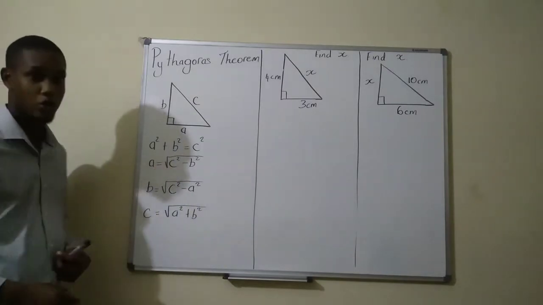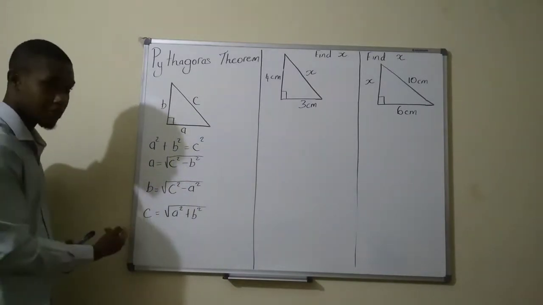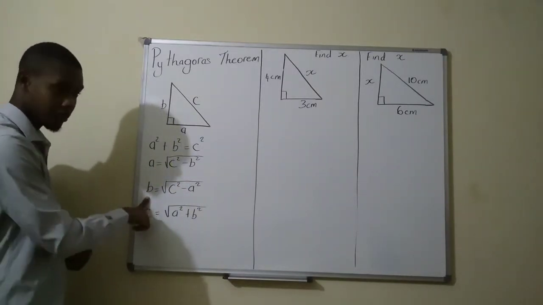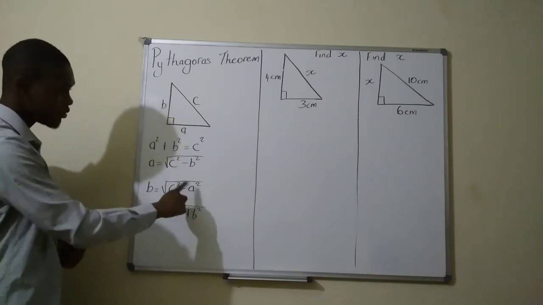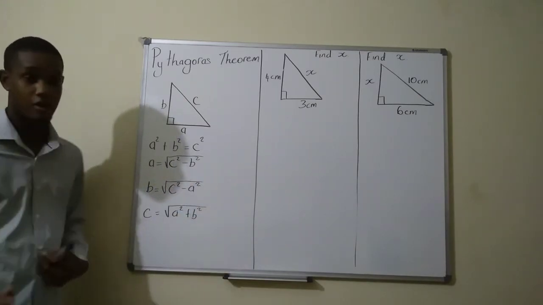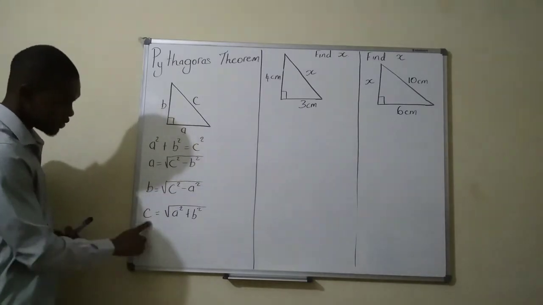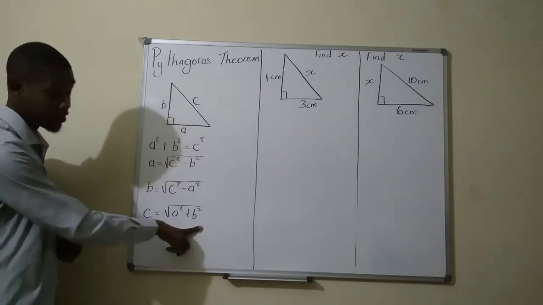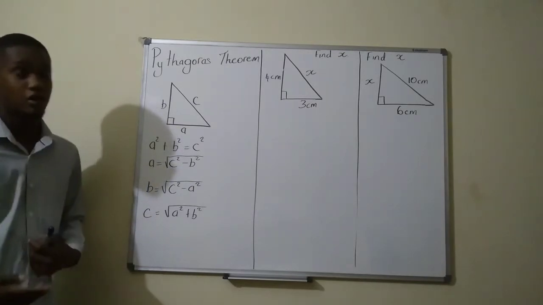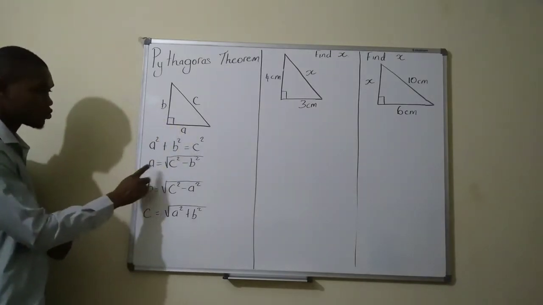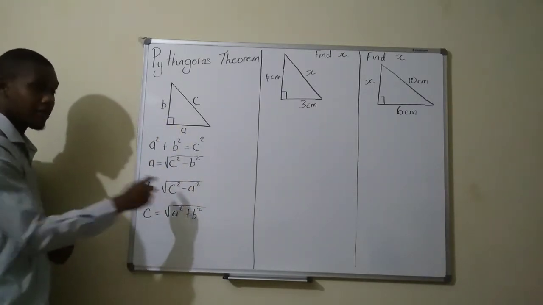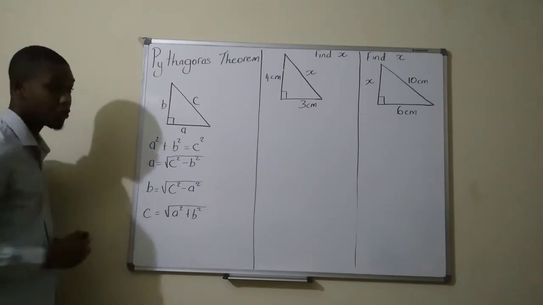And then you will find the square root of that. Same principle with b: square the c, subtract the squaring of a. Same with c now, it's the squaring of a plus the squaring of b, and you find the square root of that. So if you look closely, this and this have a subtraction sign and this has a plus sign.